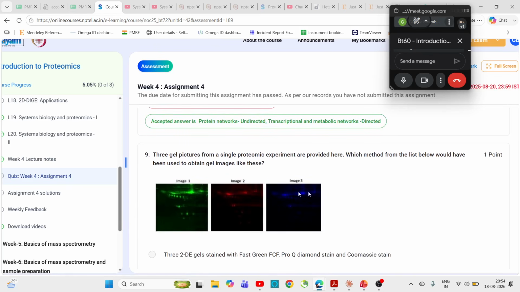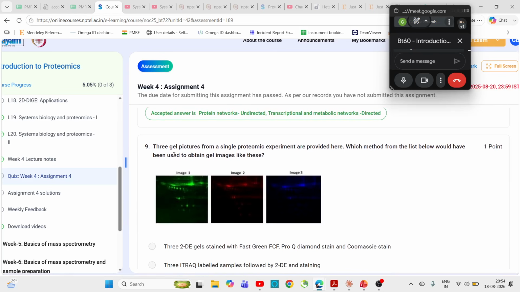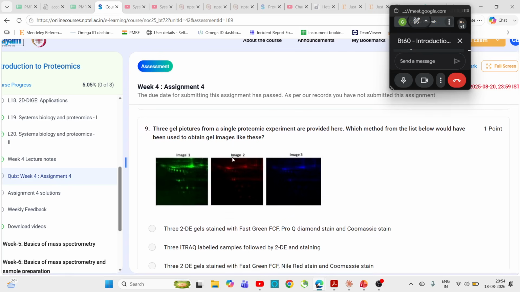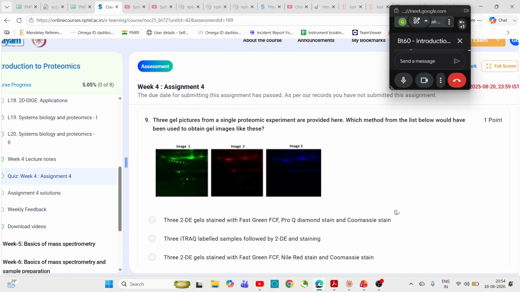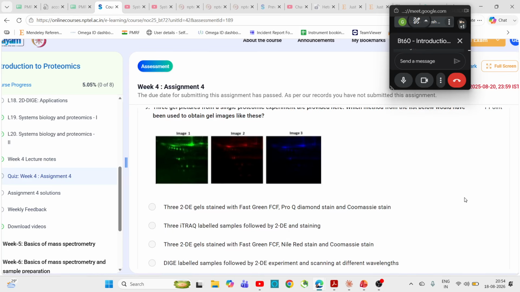So three gel pictures are given here. Which method from the list below would have been used to obtain these gel images? Three 2D gels stained with fast green FCF, Nile red stain, and Coomassie stain.